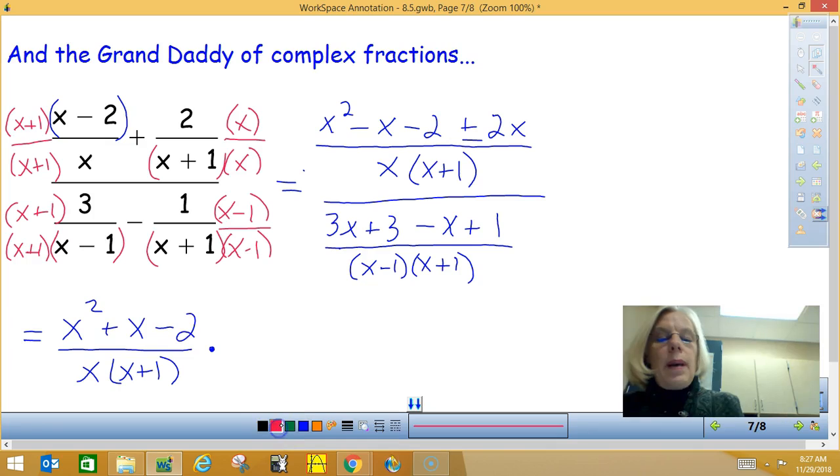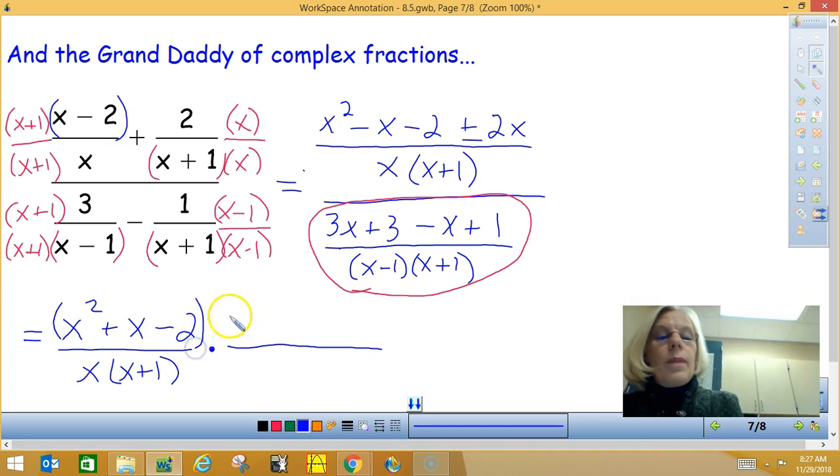So I'm multiplying by the reciprocal of the denominator. So that is x minus 1, x plus 1, and then cleaning up 3x minus x, that is 2x plus 4.